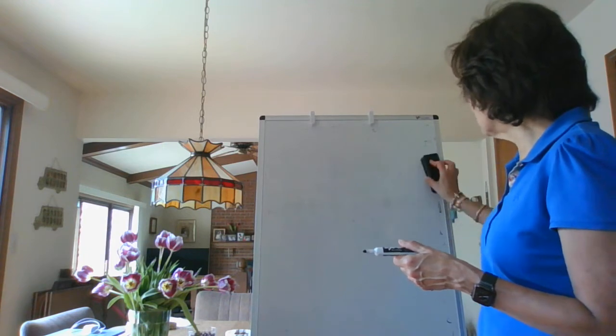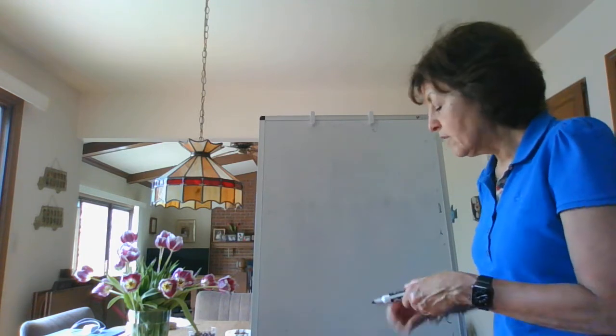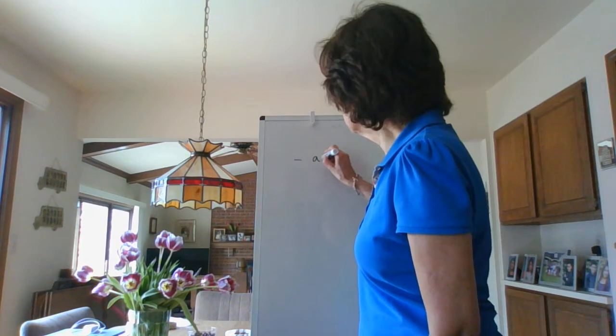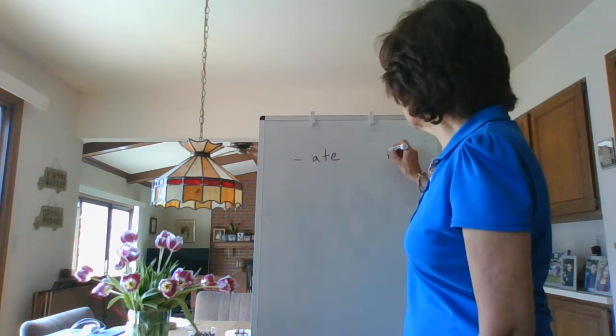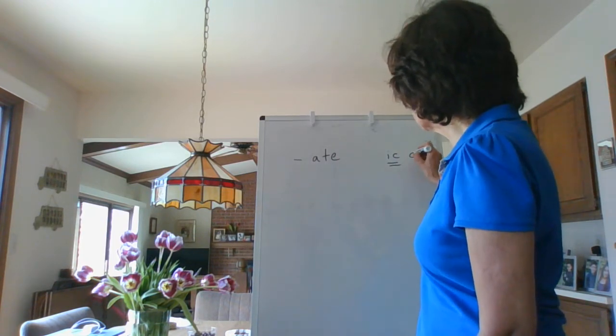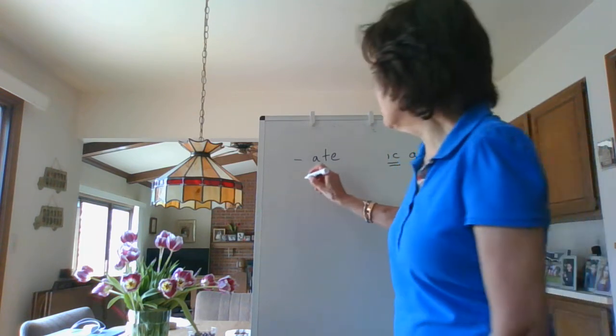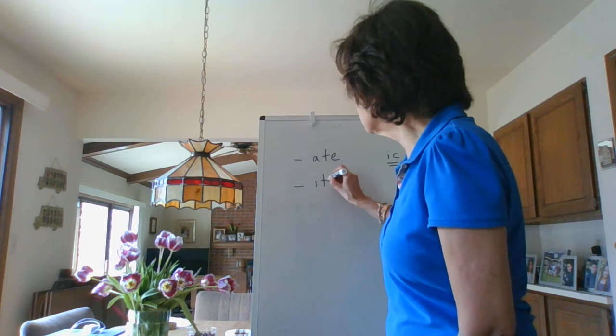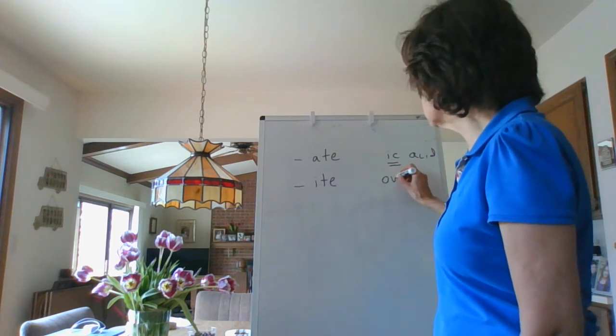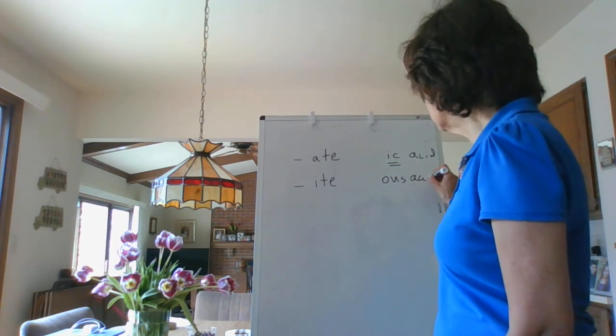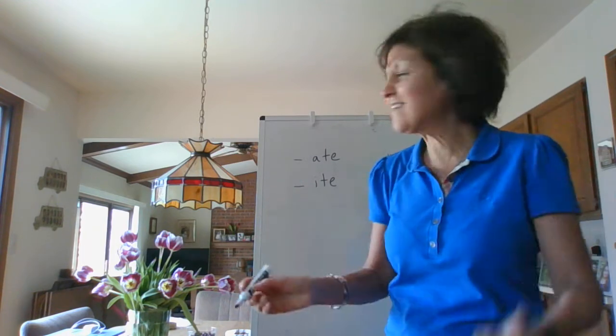If you've got a polyatomic ion that ends with ate, the acid is going to have an ic acid at the end. If you have a polyatomic ion that ends with ite, you're going to have an ous acid. Okay, what is that?